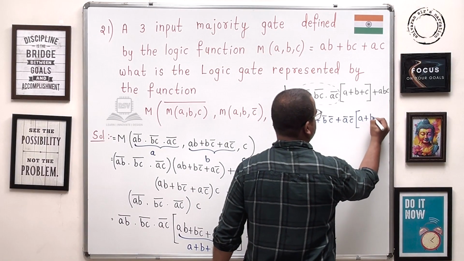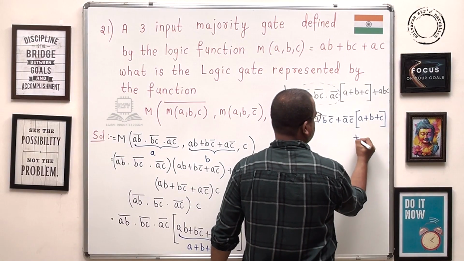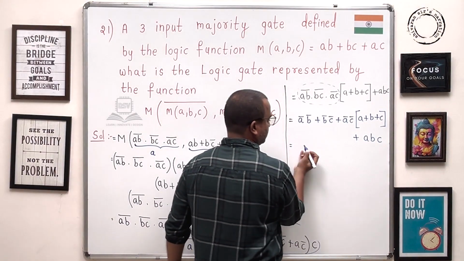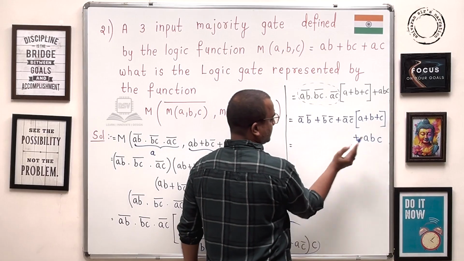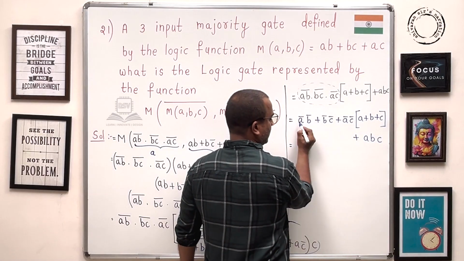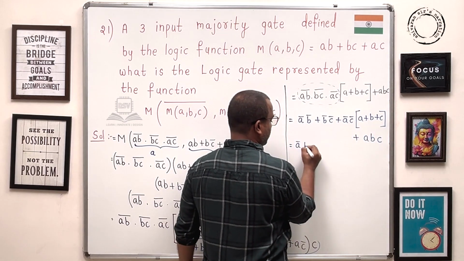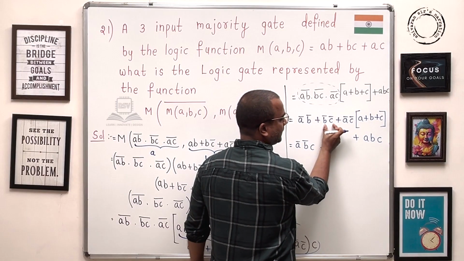A plus B plus C plus ABC. Now you see guys here, A bar B bar into A bar gets cancelled, 0. Again A bar B bar into B, 0. Therefore it is A bar B bar C plus, again the second term.